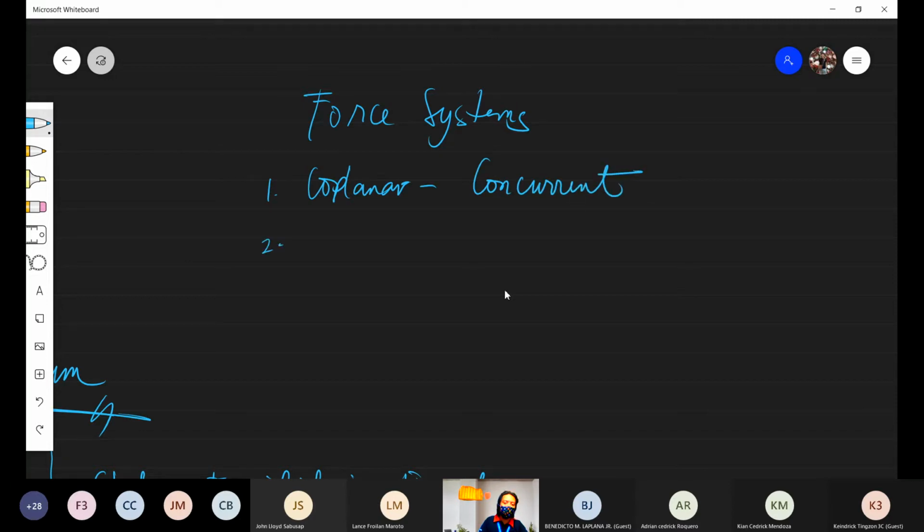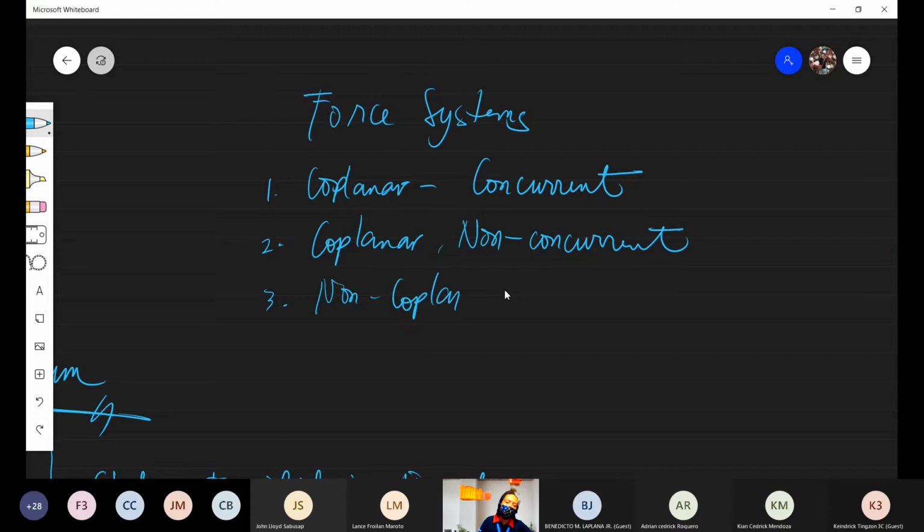We also have coplanar non-concurrent, and of course non-coplanar. So those are the types of force systems: coplanar concurrent, coplanar non-concurrent, and non-coplanar.